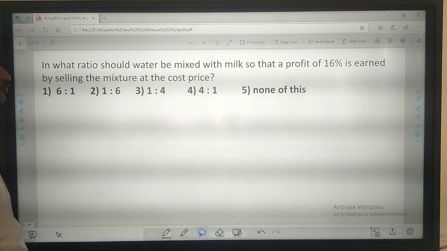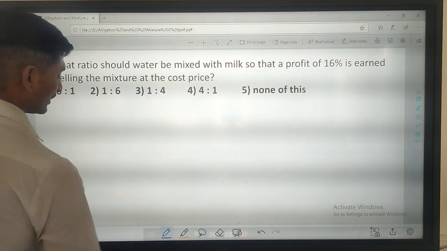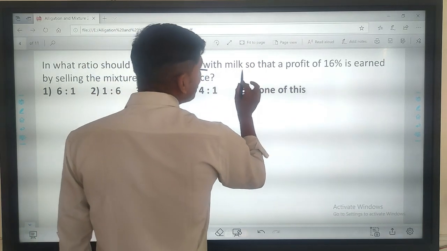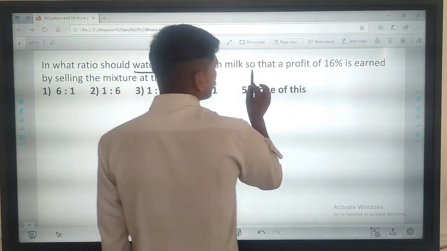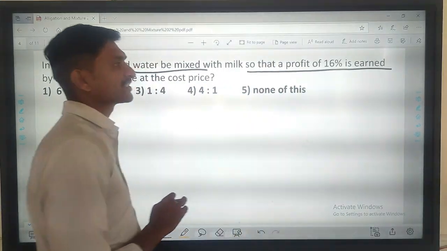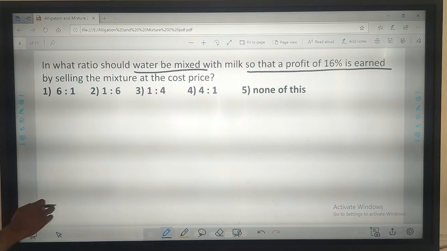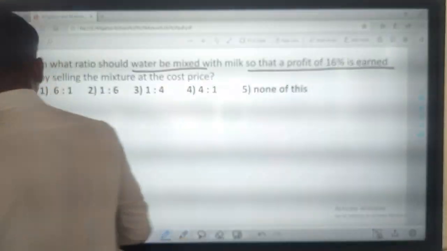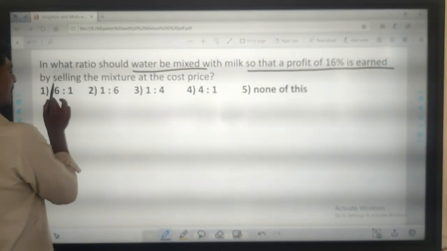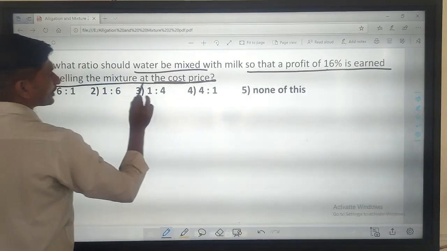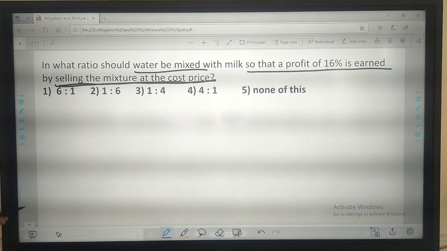In what ratio should water be mixed with milk so that a profit of 16% is earned by selling the mixture at cost price?